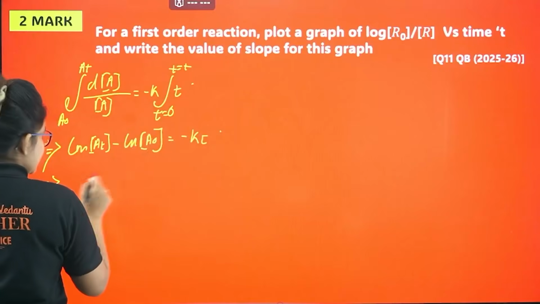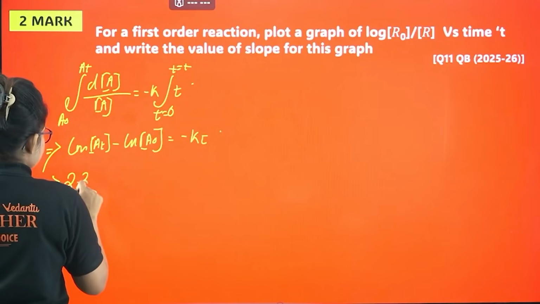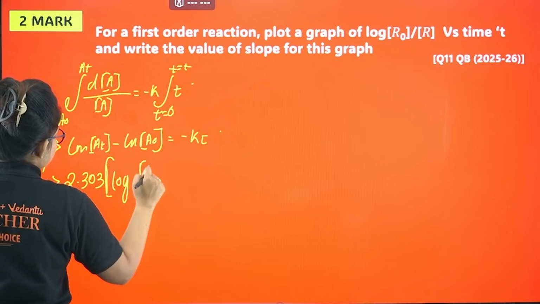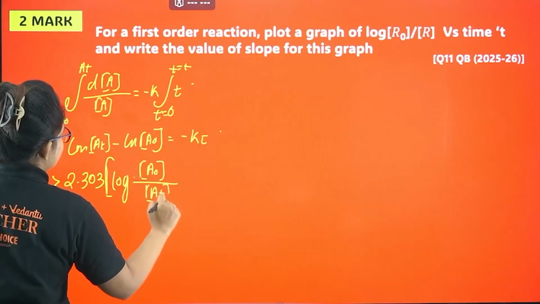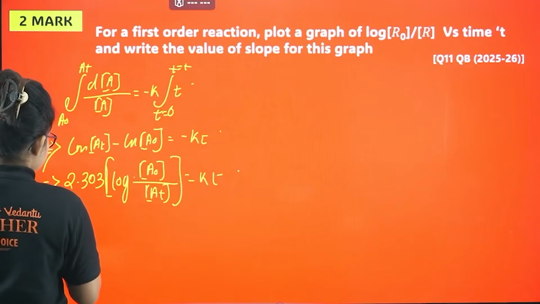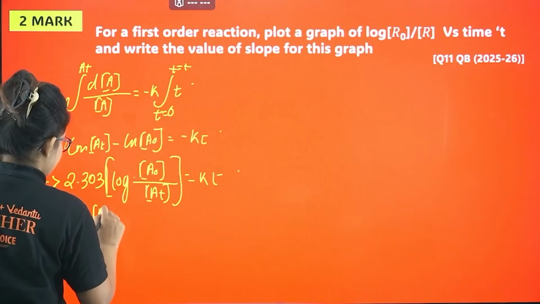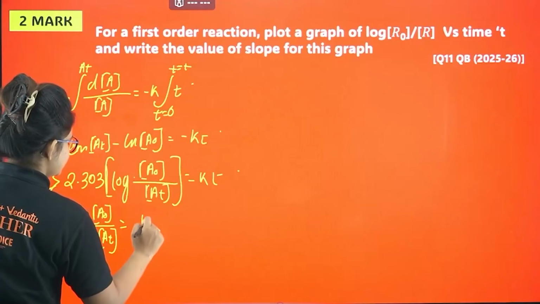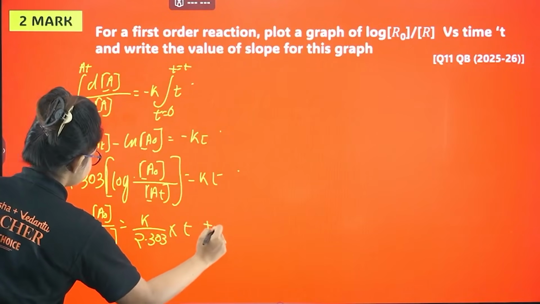Now if I convert it to log and also alter the sign, I will get 2.303 log A naught by At, here I am getting kt, right? So now if I just change the side, log A naught by At is basically equals to k by 2.303 into t plus I can write 0.